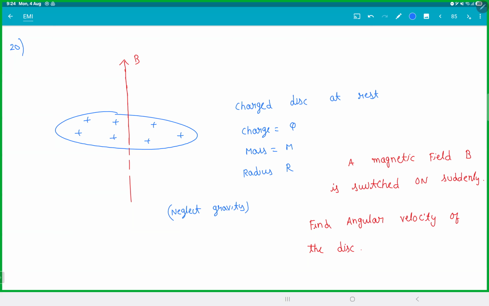How do you find angular velocity of the disk? Anyone confused with the picture?